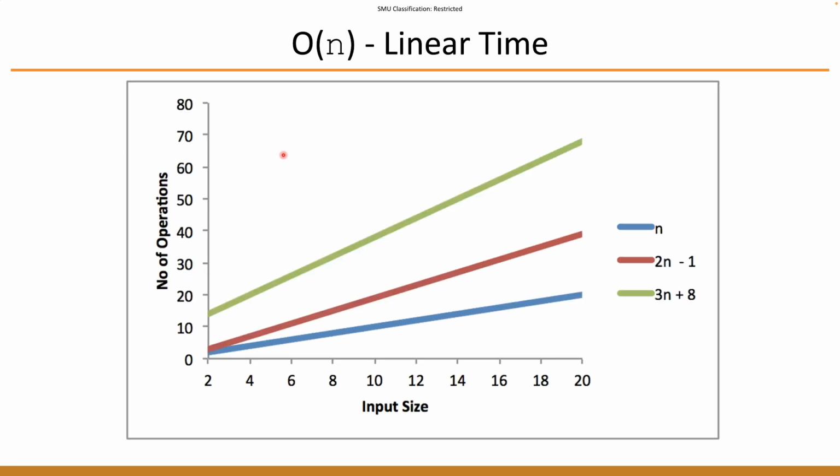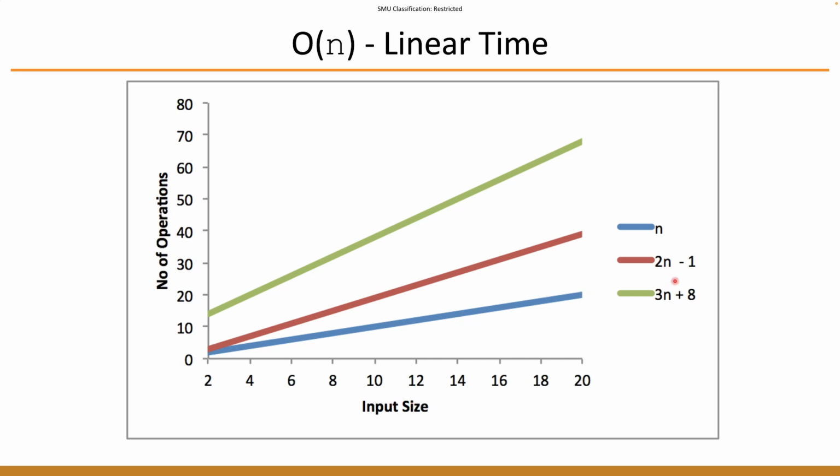The second example, this is linear time, right? So you can see that we can have n, we can have 2n minus 1, 3n plus 8, and so on and so forth. You can have different slopes, you can have different constant terms. So the shape of the lines is not exactly the same, but if you look at the response of the three different lines to the input size, the responses are all linear.